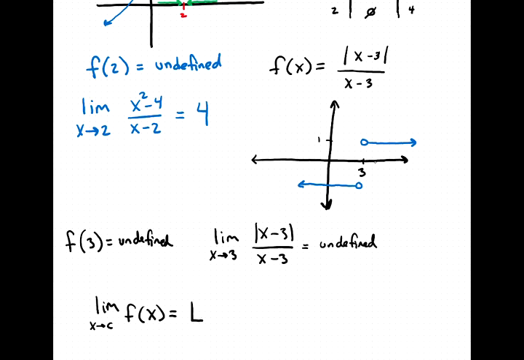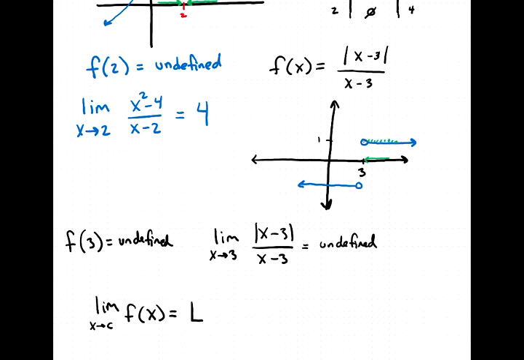So if we look at this graph, as x is getting closer to 3 from above, like 3.1, 3.01, 3.001, and so on, all the y values of all of these points are equal to 1. So coming from the right, the points on the graph are approaching this point. In this case, it's a hole, but it's still a point.